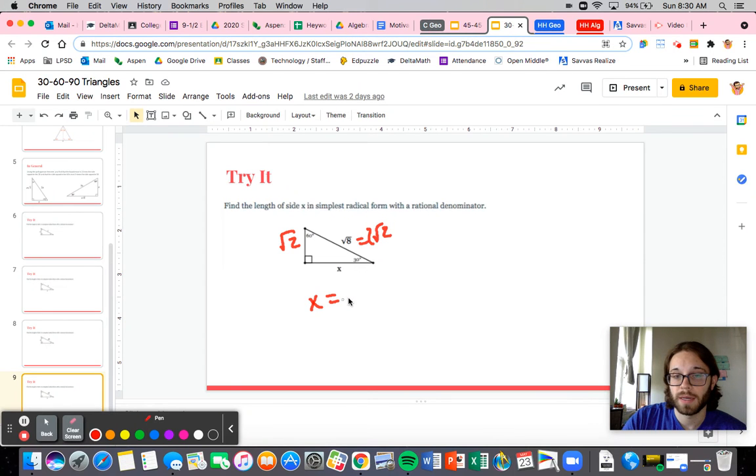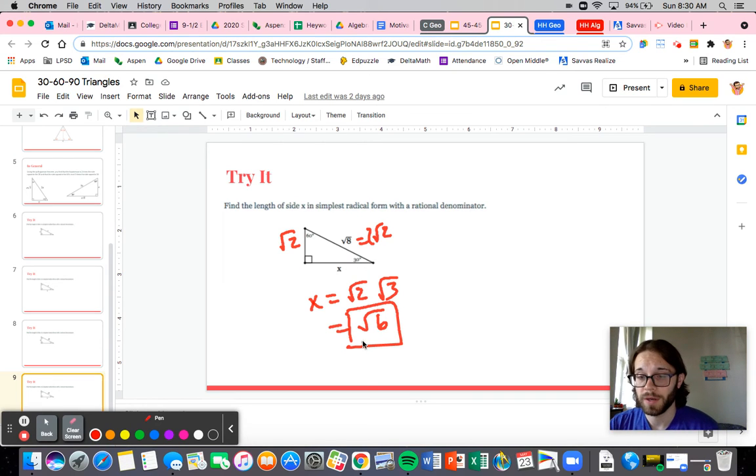So x here is going to be equal to root 2 times root 3, which is just going to be root 6. Okay, so my big recommendation to you when you're doing these out is always going to be solve for the side opposite the 30. That's kind of your starting point, right? Because if you know that this is root 2, multiply this times 2, you get the hypotenuse. Multiply it times the square root of 3, you get the side opposite the 60.